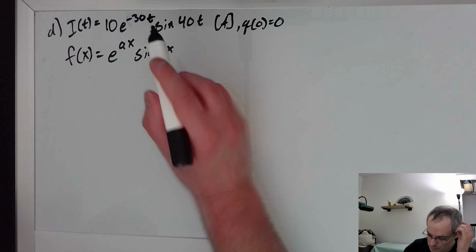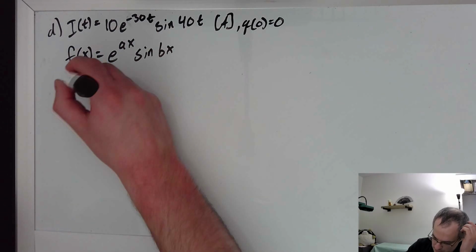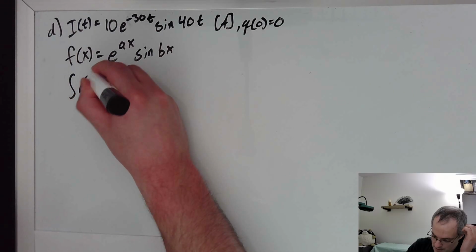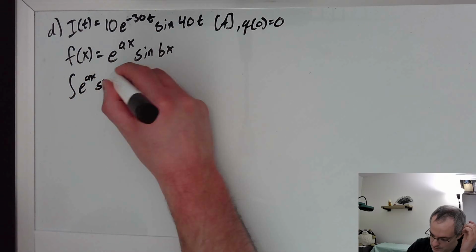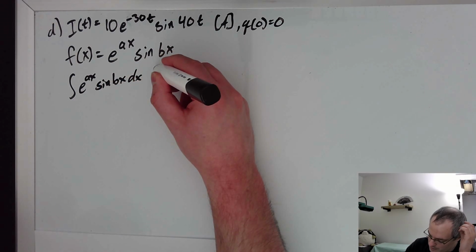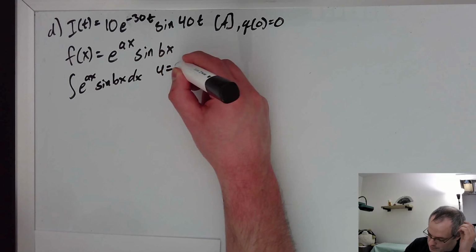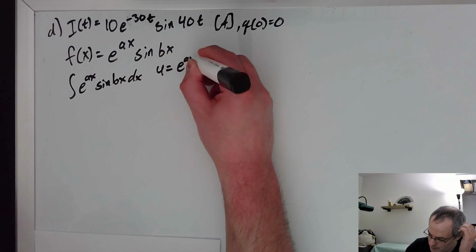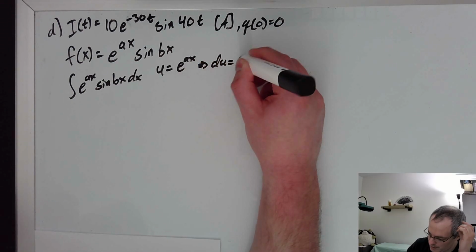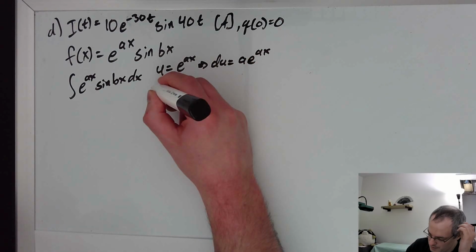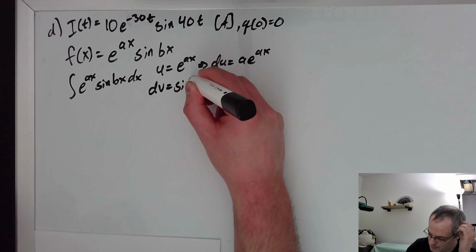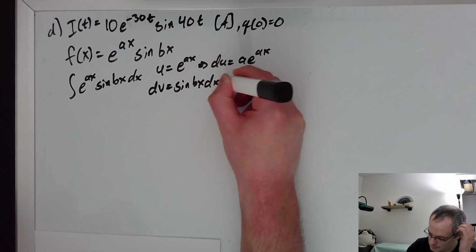Okay, so when we want the integral of this, the integral of e to the ax sine bx dx, say u is equal to e^(ax), therefore du would be a e^(ax). dv we can make be sine of bx dx.